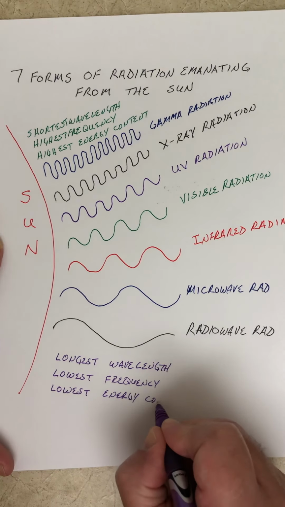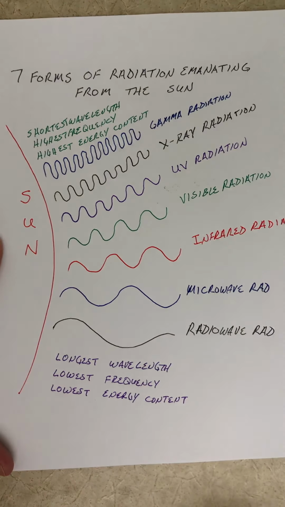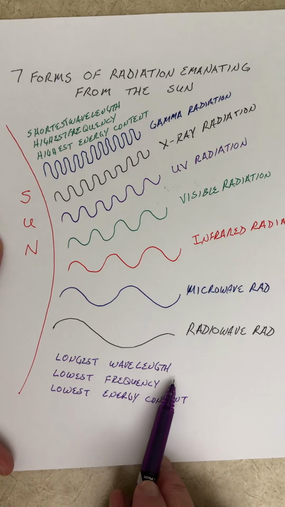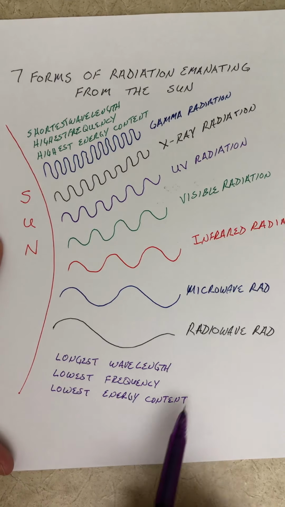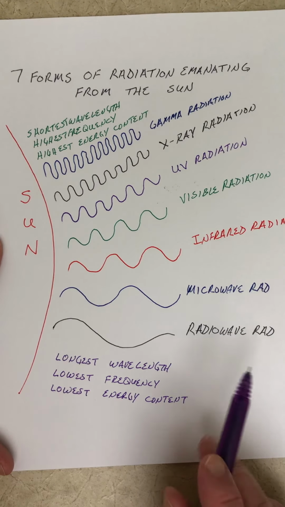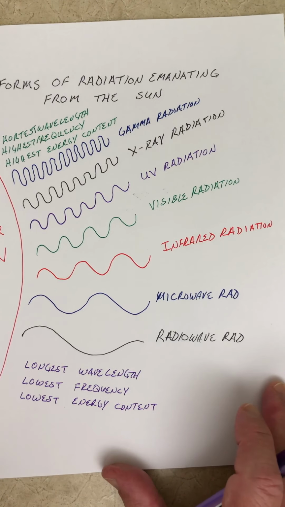So again, on the previous video, I had mentioned, we don't worry about the radio waves that are all around us that are being given off by radio stations, because they have such a long wavelength and a low frequency and therefore a low energy content. They're harmless, and so we don't have to worry about those.